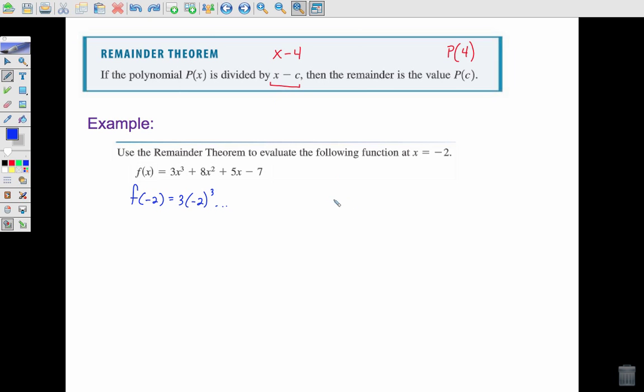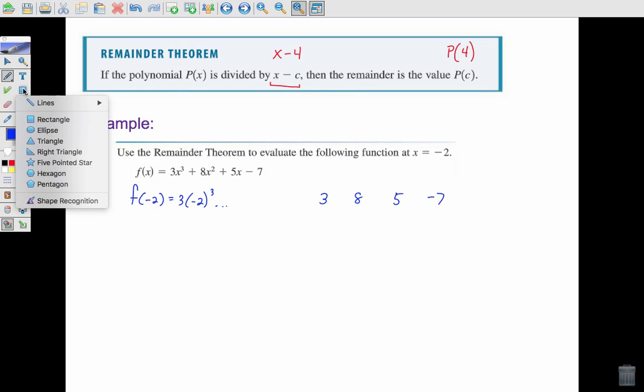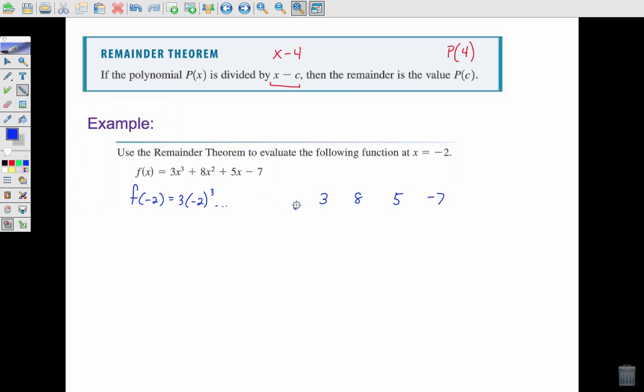So 3, 8, 5, and -7. We don't have any missing terms here, so we don't need any zeros. I'm just going to set up my division bars here, and we're dividing by -2.